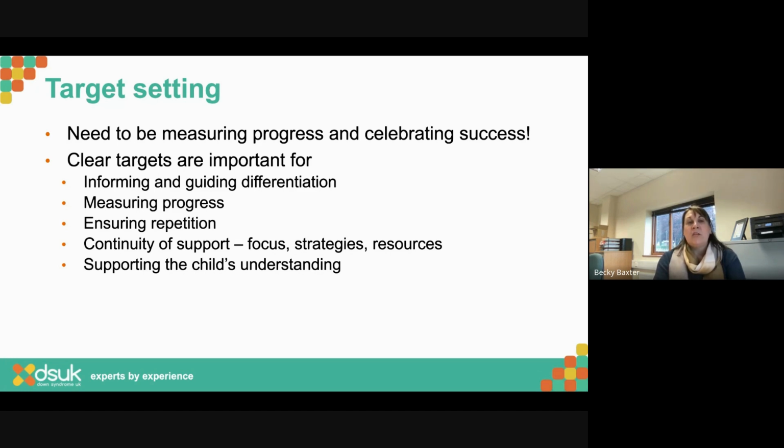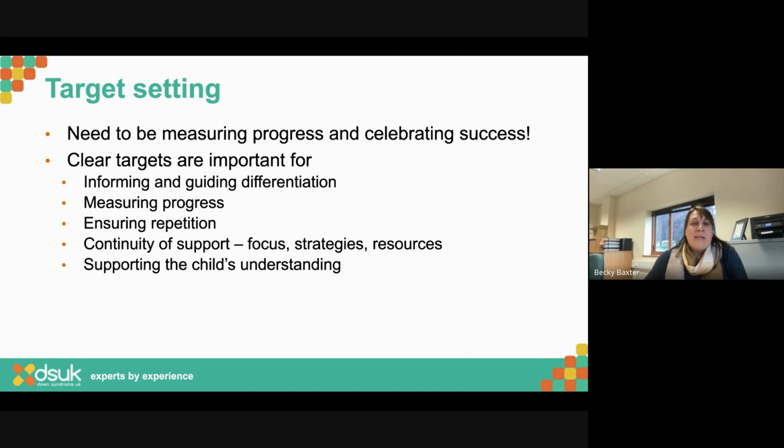So we want to have some way of feeding back to the rest of the class, to the school, and to our family and pupil, about what they have achieved. It's not just about working below age-related expectations, but what that will show us in 5 years' time. We really want to be celebrating that success and recording some of it.